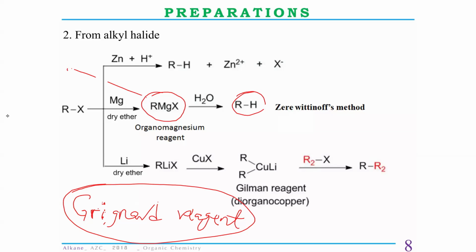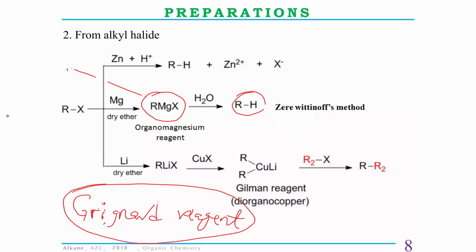The method is called the Zerewitinoff method. So from alkyl halides, you can get alkanes.